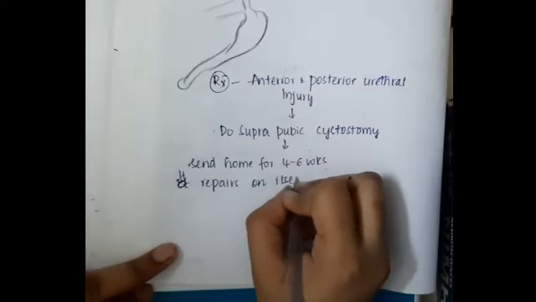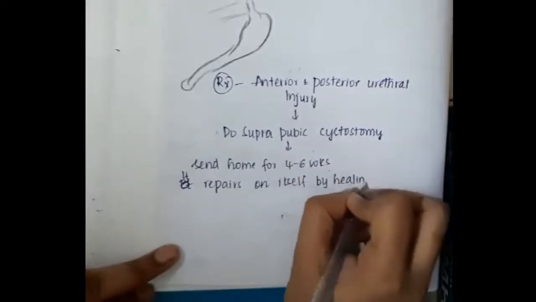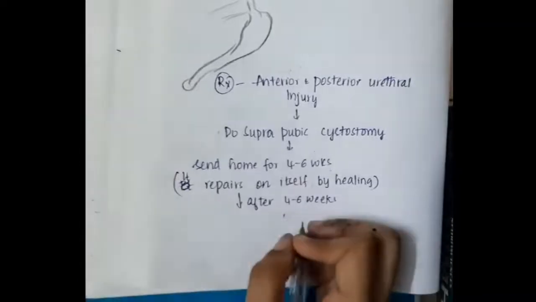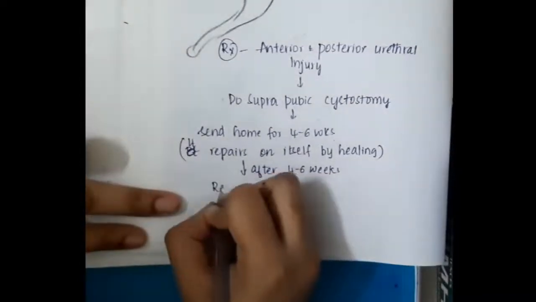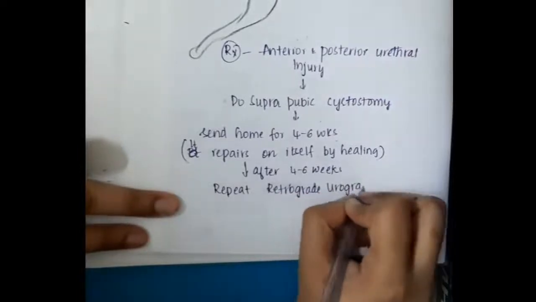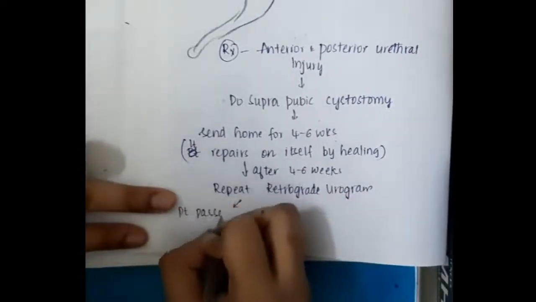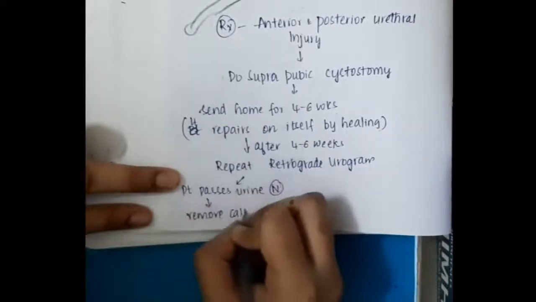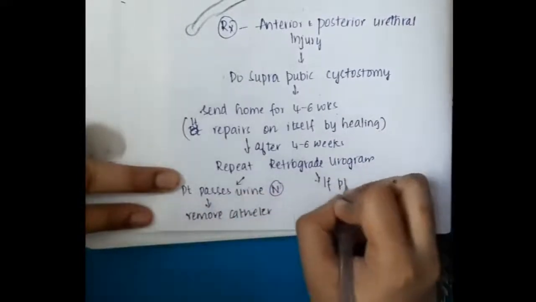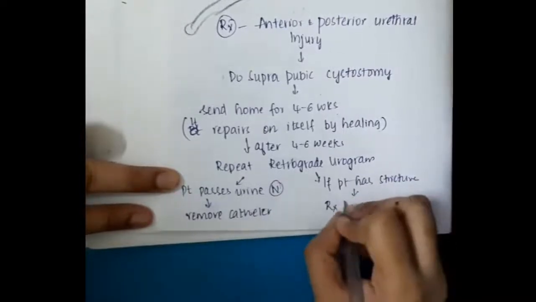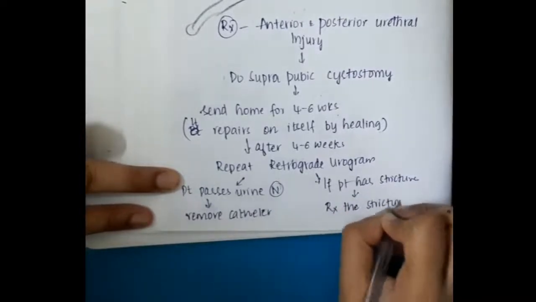During this time the injury tries to repair by itself through healing, and after 4 to 6 weeks you will have to repeat the retrograde urogram. If the patient passes urine normally, then you can remove the catheter.